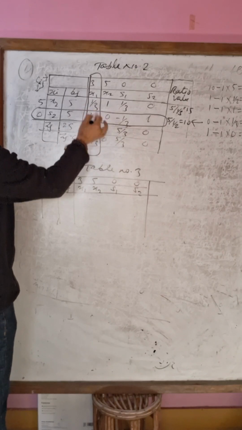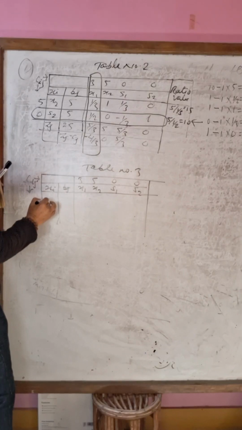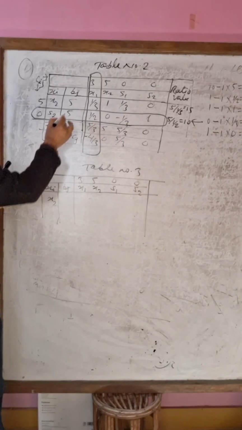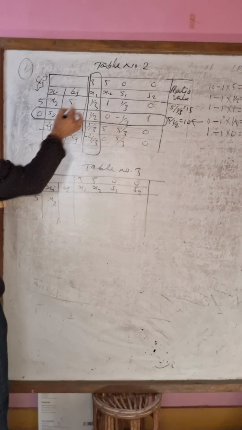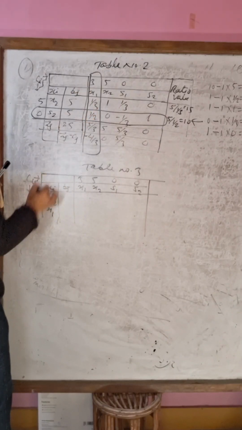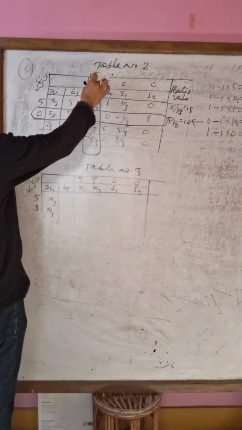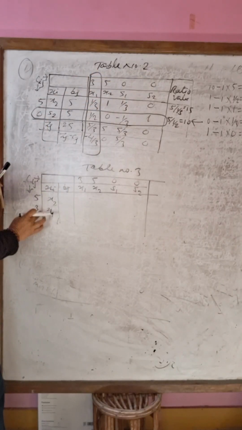At first, this X2 and 5 you write as it is, and here this S2 is replaced by X1. X1 you write, and it brings coefficient 3.